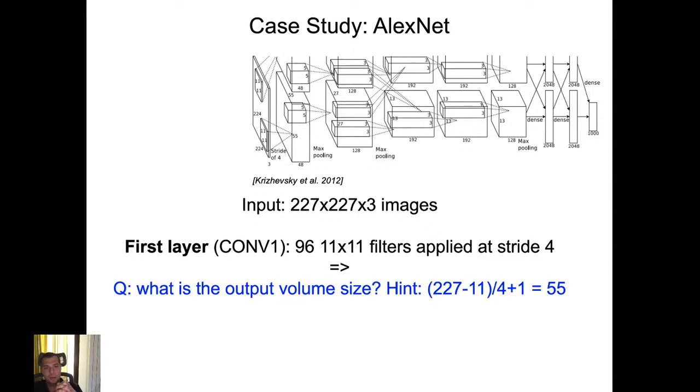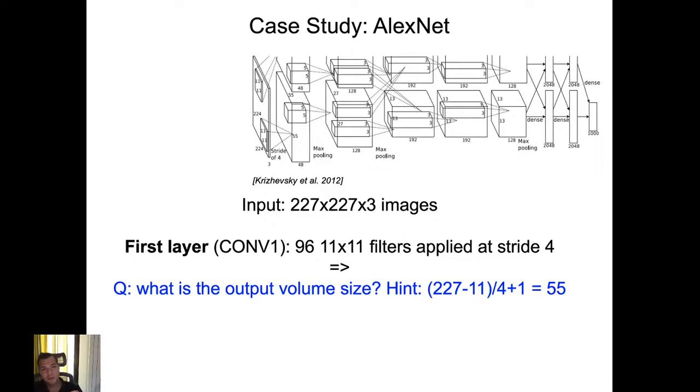Okay, going forward to another important architecture. This was introduced by Krizhevsky in 2012 and was trained on the ImageNet database for the 2012 object recognition challenge. This is a picture from their paper.